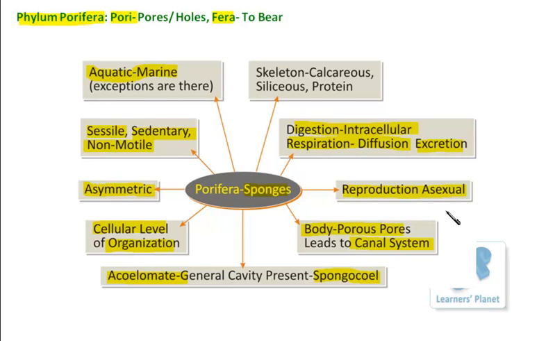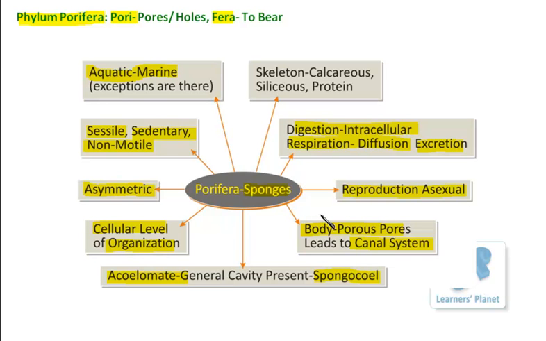Fragmentation, in which a small piece of the colony or a small part of the body is able to multiply and then differentiate so as to develop into an individual organism. Fine. Besides these, some of them can also reproduce by the sexual mode.